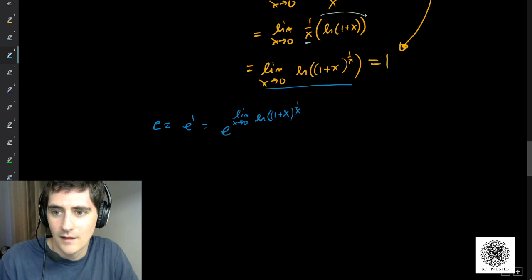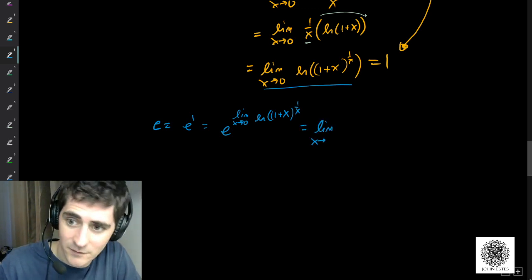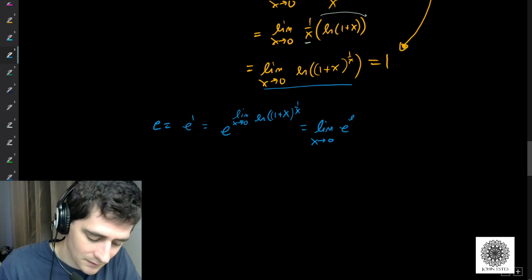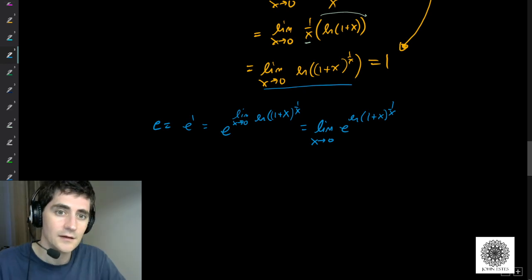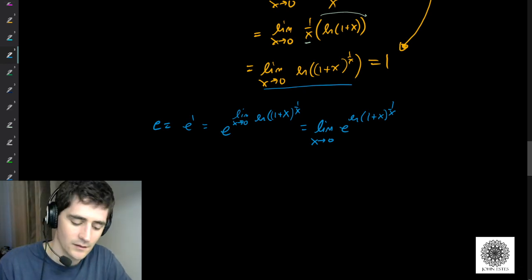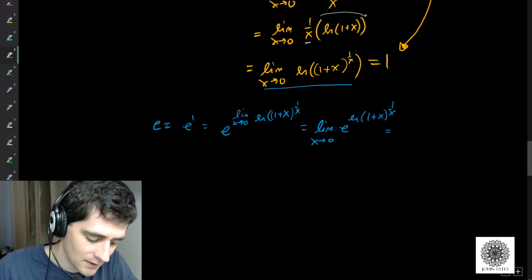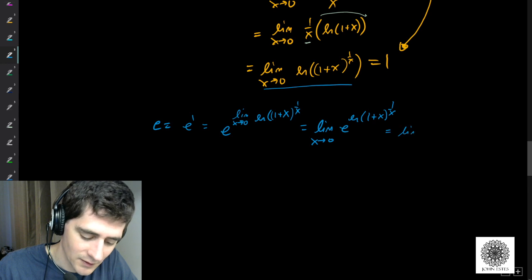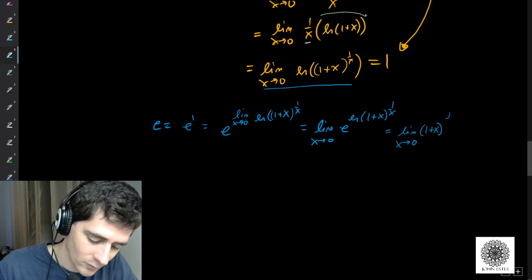And by continuity, I can just say that's the limit as x approaches 0 of e to the ln of 1 plus x to the 1 over x power. Once I do that, e raised to the ln of some power cancel each other out, right? So I finally get that e is the same thing as the limit as x approaches 0 of 1 plus x to the 1 over x power.